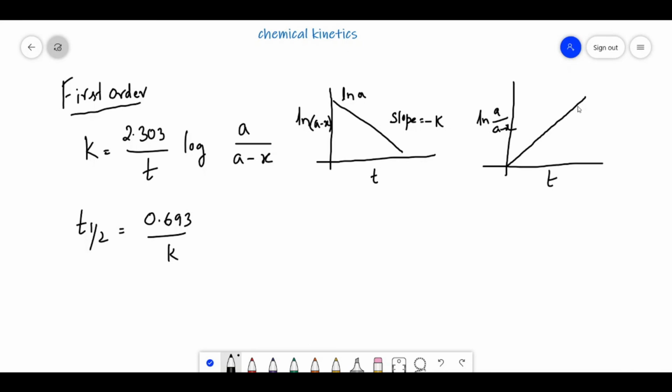That's all. And by using this formula, that is the k value and t half value, so many problems will be asked. And this topic is very important for NEET and also for JEE Mains.